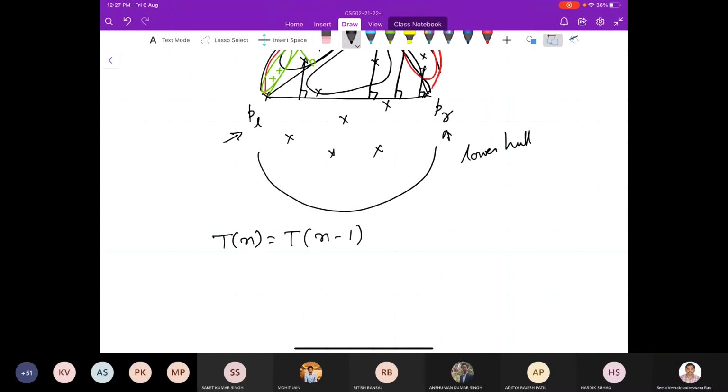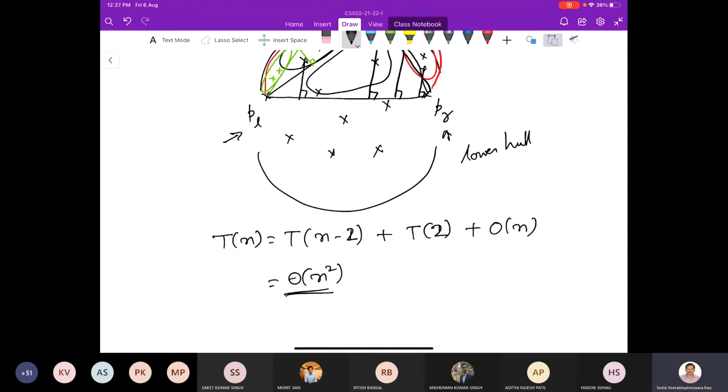Maybe n minus 1 points on one side, and on the other maybe only 1 point, and the whole process may take O(n) time. Here this may be 1 or 2, it doesn't matter. So it's O(n squared), exactly similar to the worst case of quicksort.